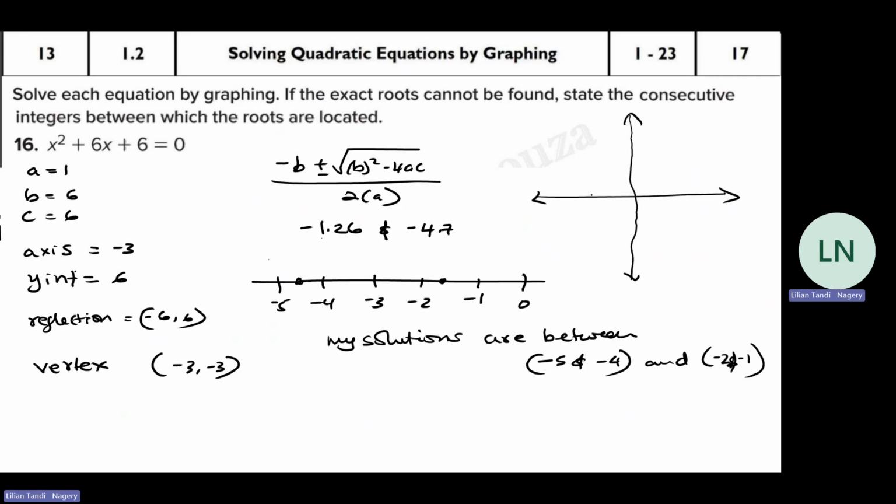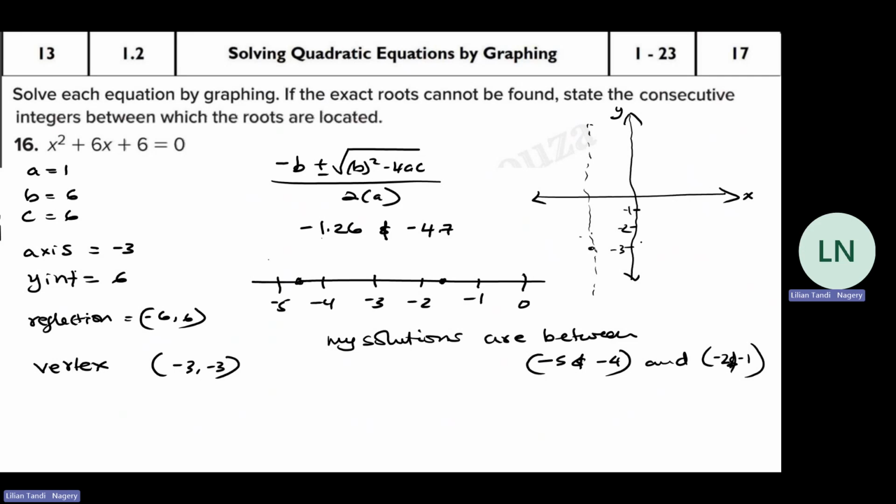So -1, -2, -3. My vertex will be somewhere here, and my axis of symmetry will be there. So I'm sketching, and I'm using my sketch to select my answer.